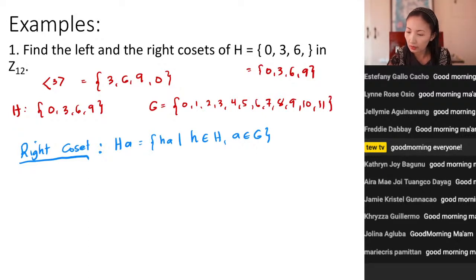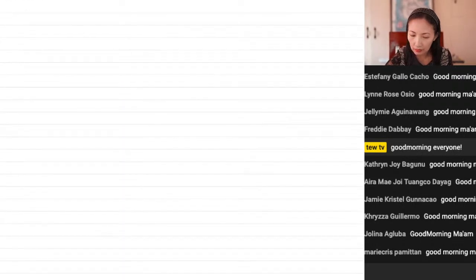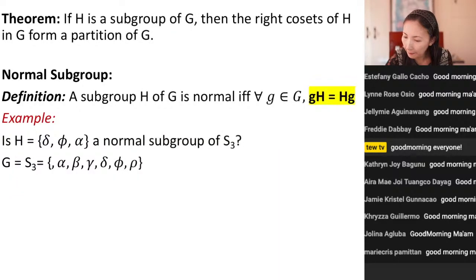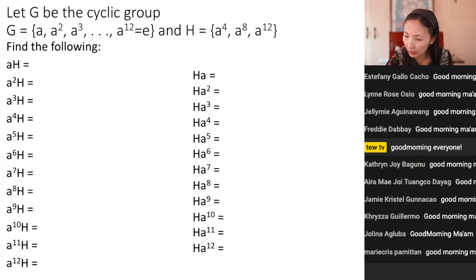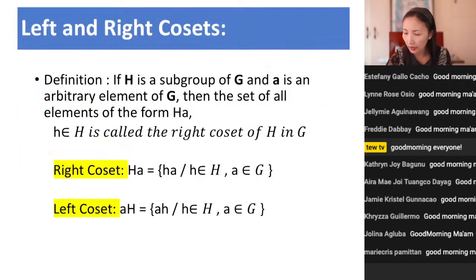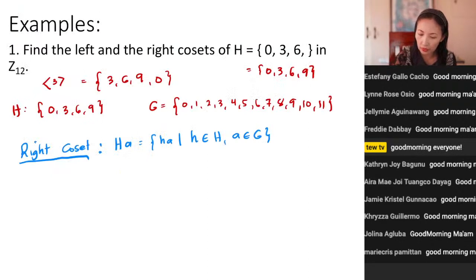Let's, okay, we insert an empty. Let me check first. Here it is. Let's go back here. Okay, the right and the left cosets of. Okay.